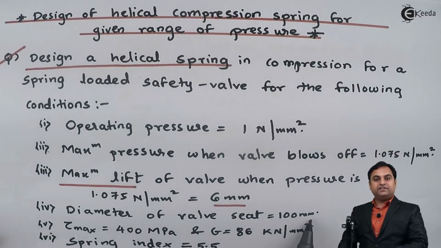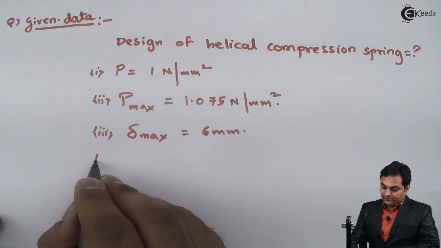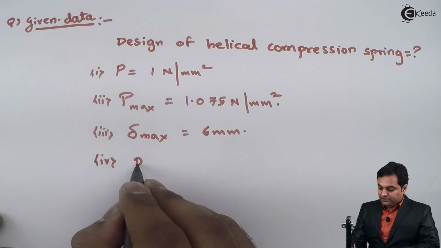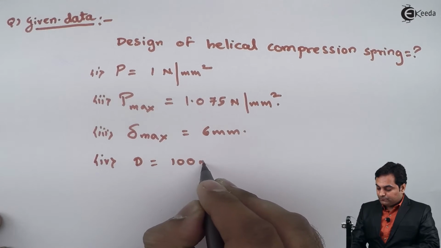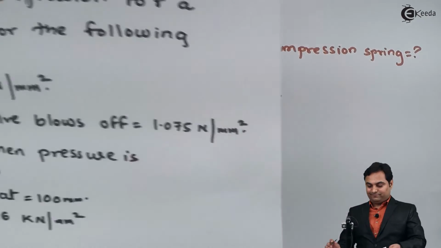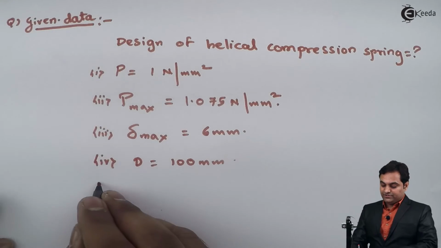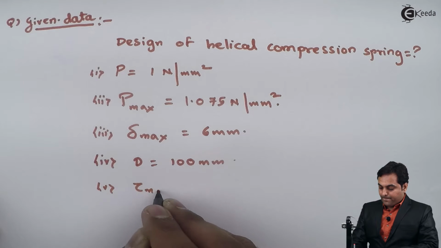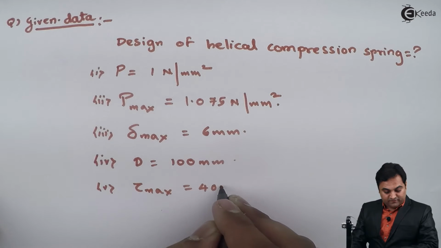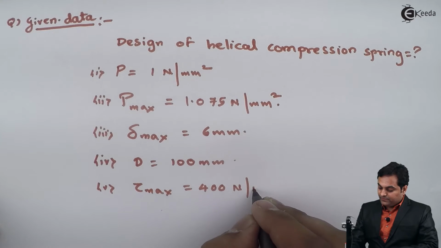Diameter of valve seat is 100 mm. So I'll denote it by capital D. Tau max is 400, maximum shear stress, 400 megapascal, that is Newton per mm square.